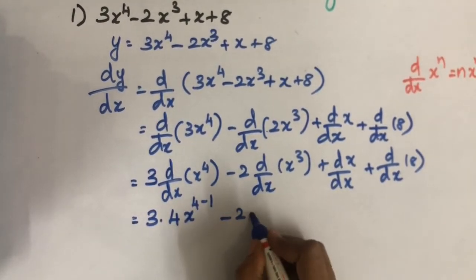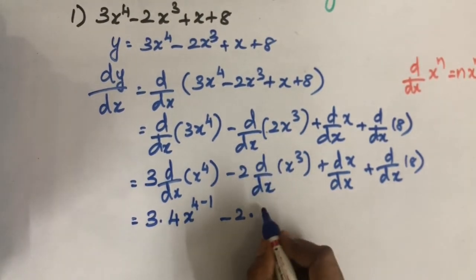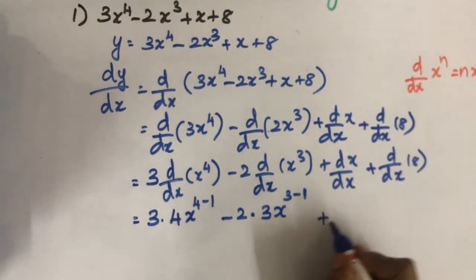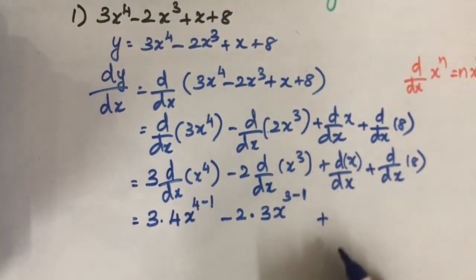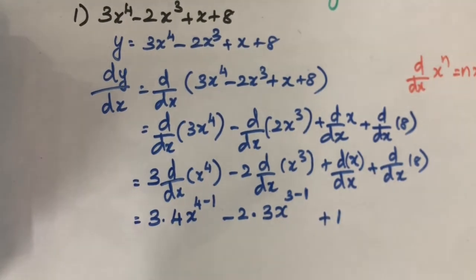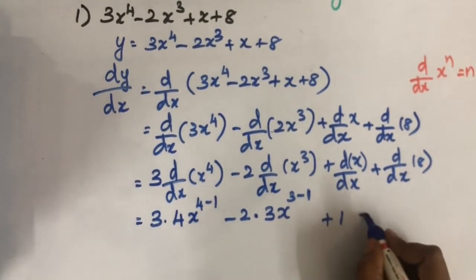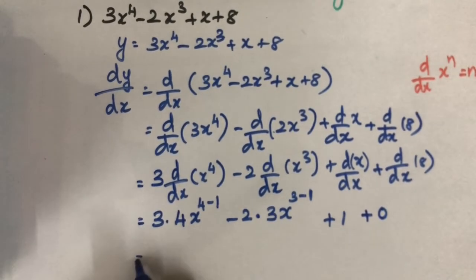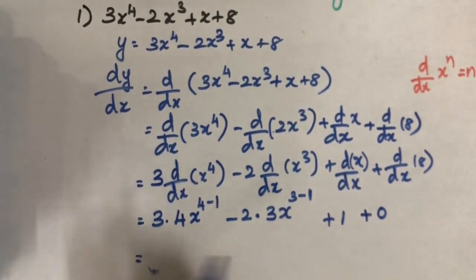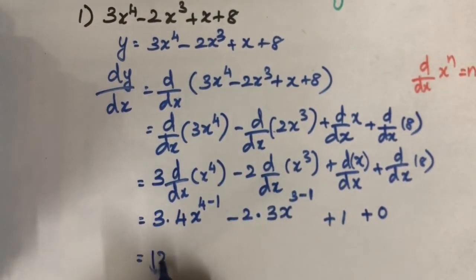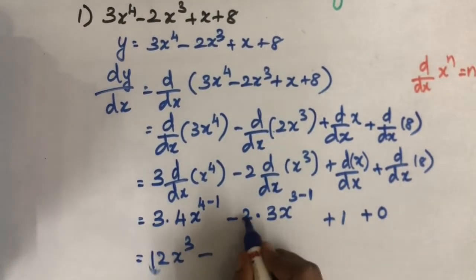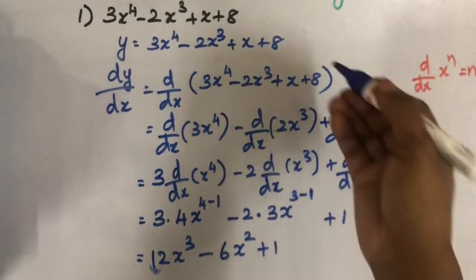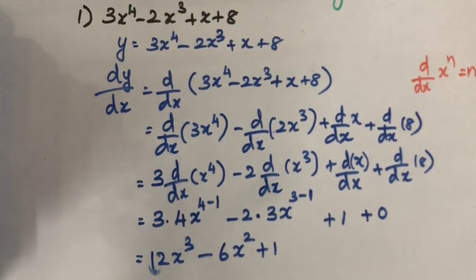Minus 2 into 3x^3, so 3x^(3-1), plus, while differentiating x, you get 1, plus, while differentiating a constant value, you get 0. So 3 into 4 is 12. 12x^3 minus 6, 3 2s are 6, 6x^2 plus 1 is the differentiation of that one.